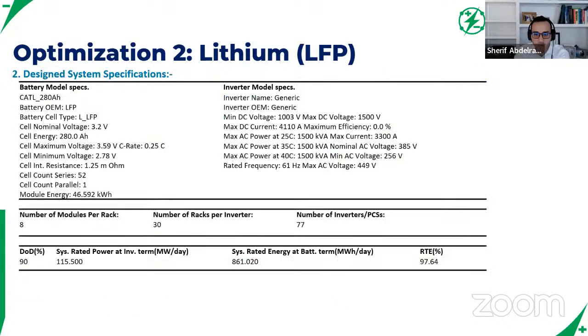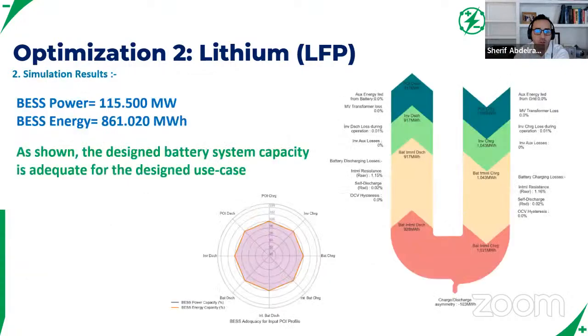So what we've done here is simulate the case through Storlytics software. And here you're going to find that we added the Sankey diagram, or the loss diagram. The reason that's important for both the lithium case and the nickel hydrogen technology case is there is a significant difference in the amount of losses between these 2 technologies.